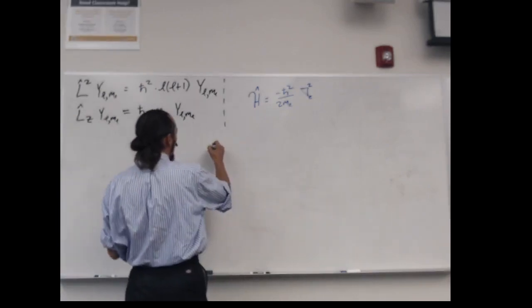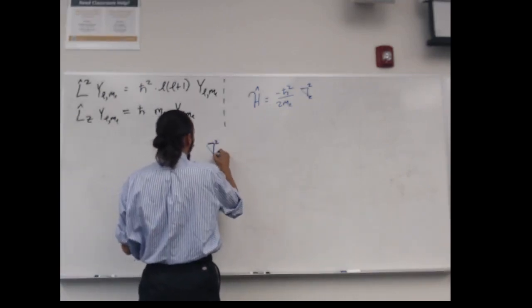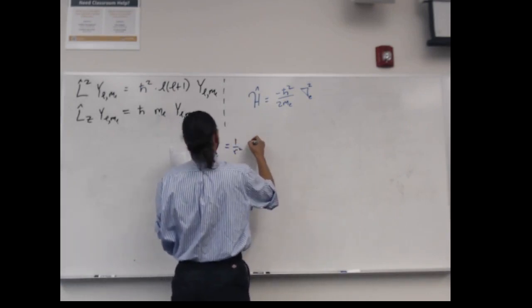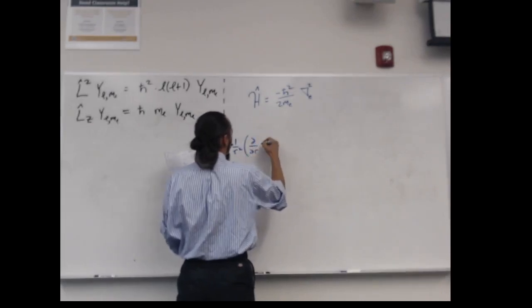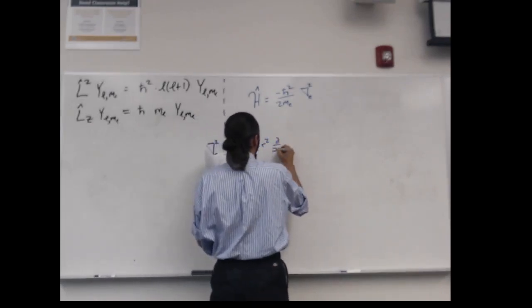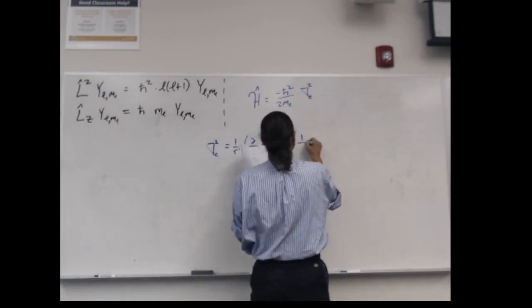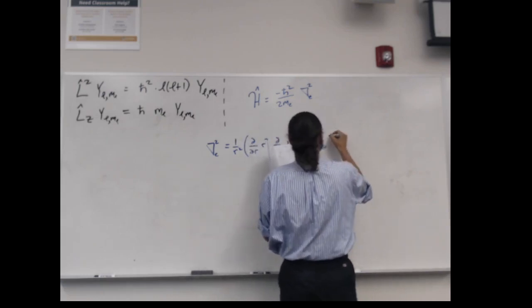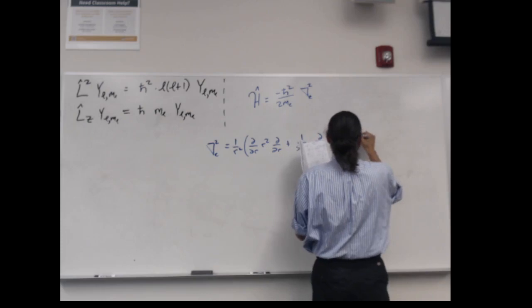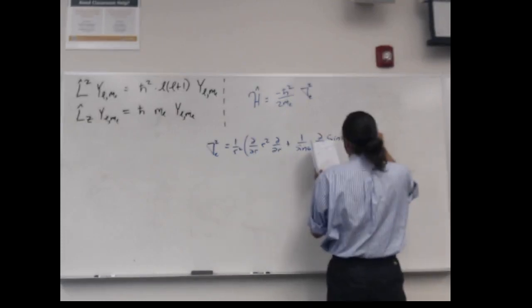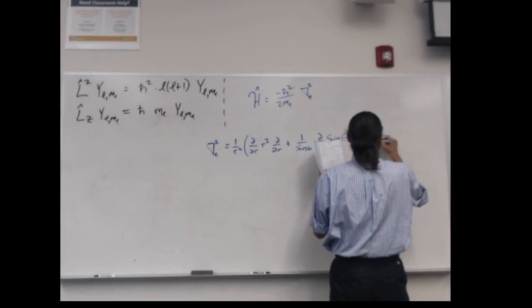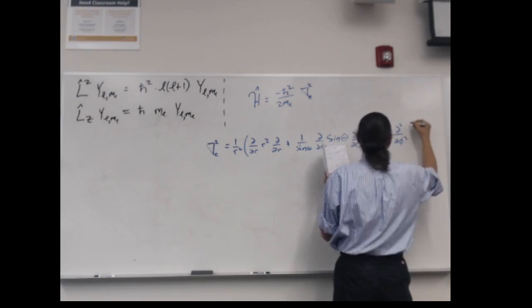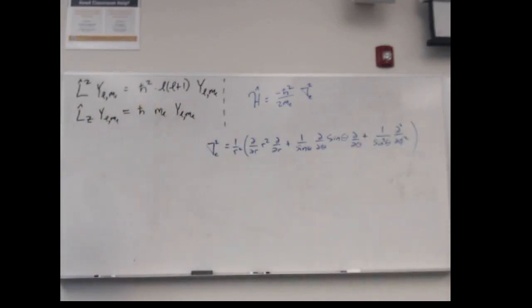So if we want to do this for a spherical coordinate system, that del squared ends up being 1 over r squared times d by dr of r squared d by dr, plus 1 over sine theta d by d theta of sine theta d by d theta, plus 1 over sine squared theta d by d phi squared. That's what it is.